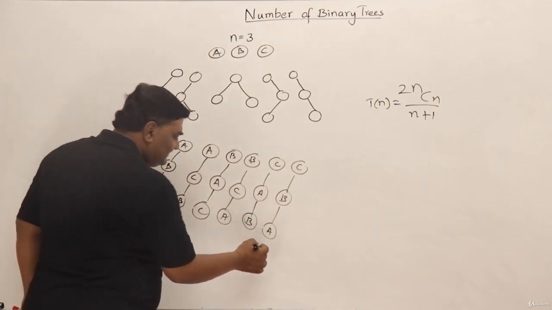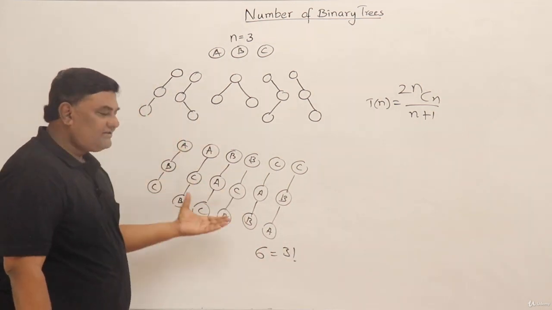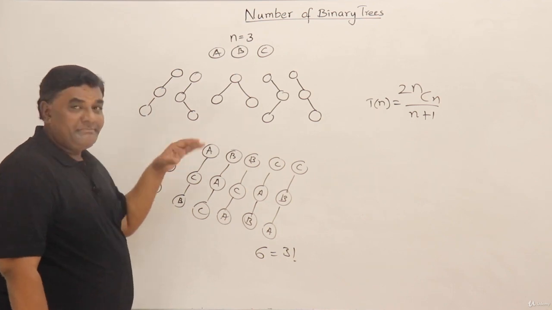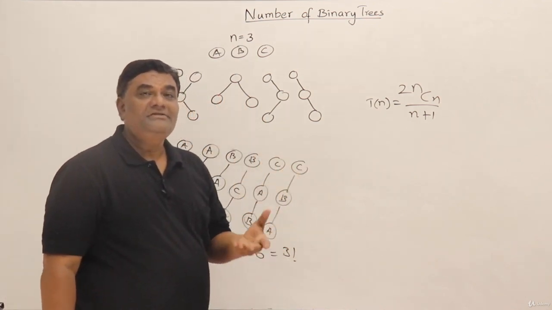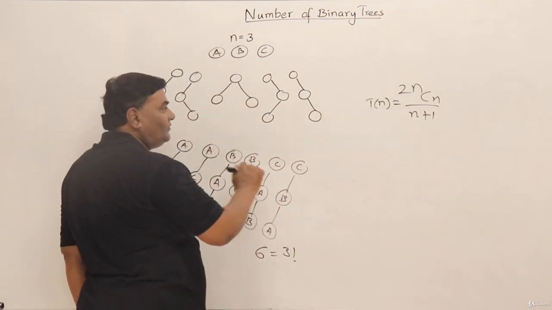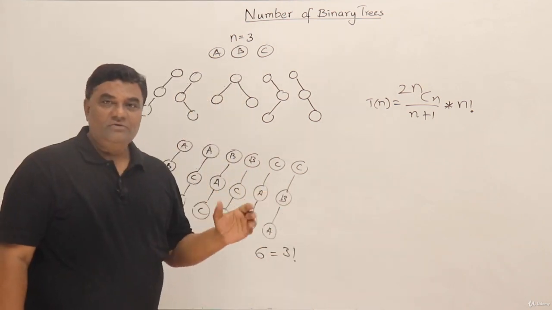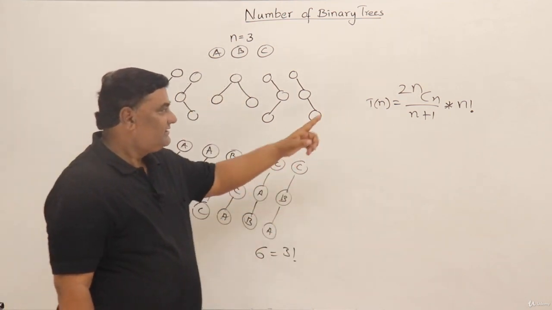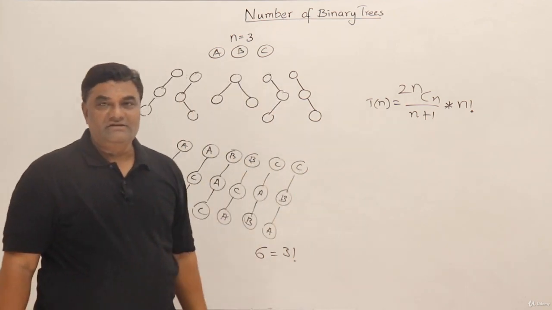Yes, this 6 is 3 factorial. So one shape can be filled in 3 factorial ways. Second shape again 3 factorial, so every shape in 3 factorial ways. So for 3 nodes 3 factorial, for n nodes n factorial. So for labeled nodes, the formula is 2n Cn by n plus 1 into n factorial.